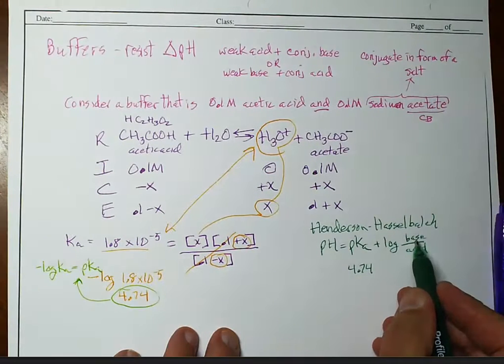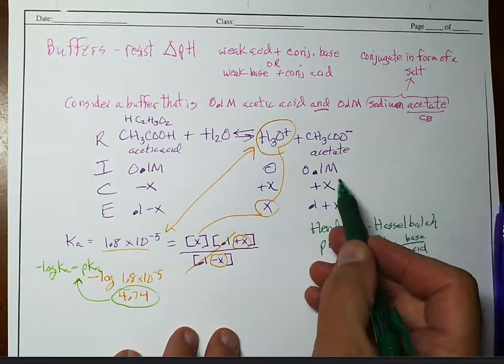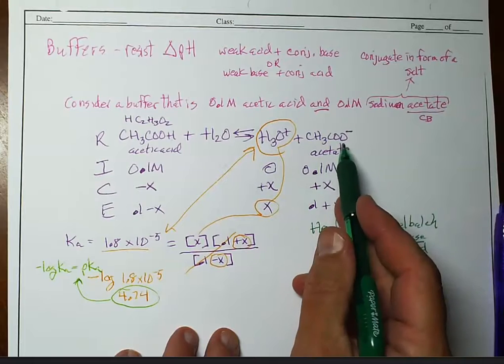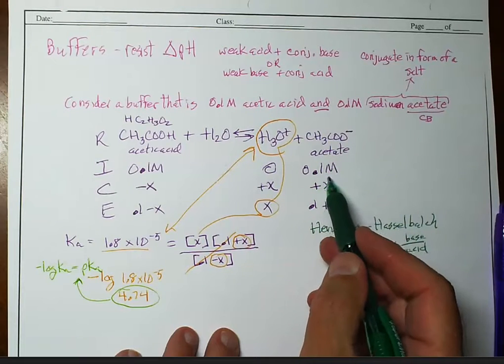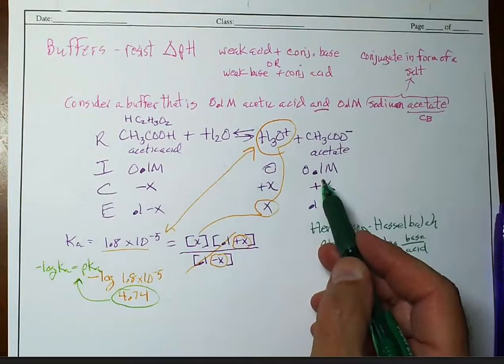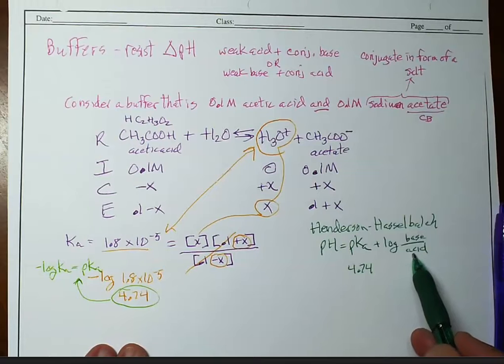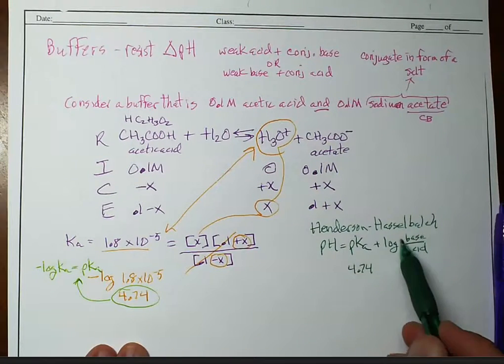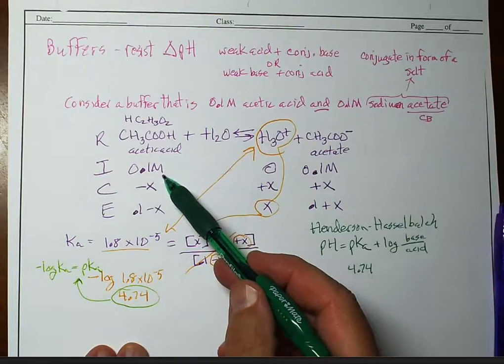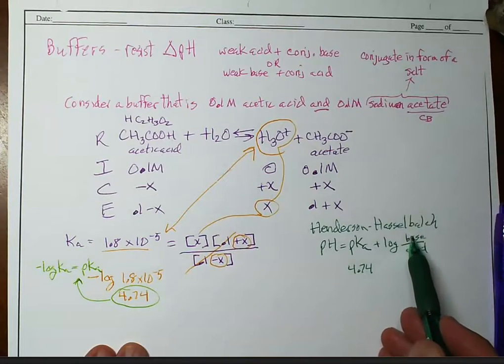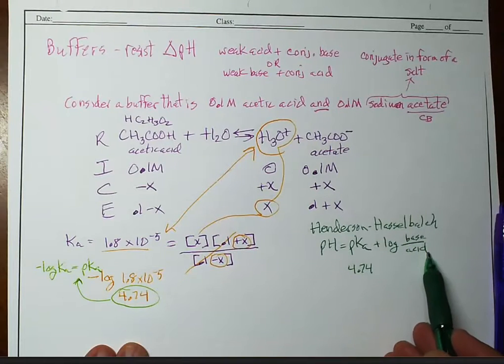What is the molarity of the base in this problem? It's 0.1 molar. The acetate is the conjugate base, and it's 0.1 molar. What is the molarity of the acid in this buffer? It's the acetic acid. It's 0.1. So base over acid is 0.1 over 0.1.